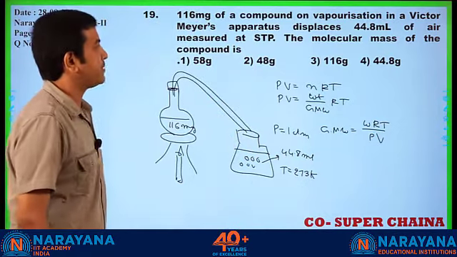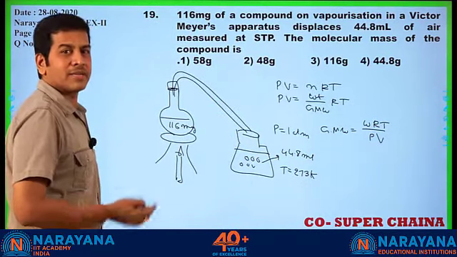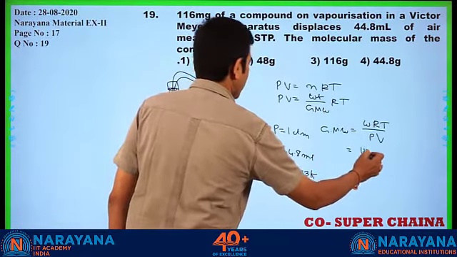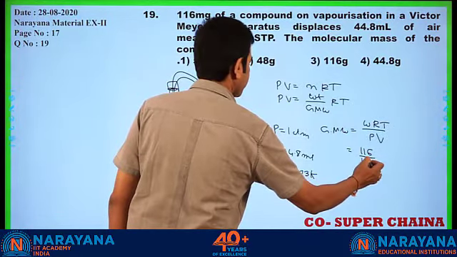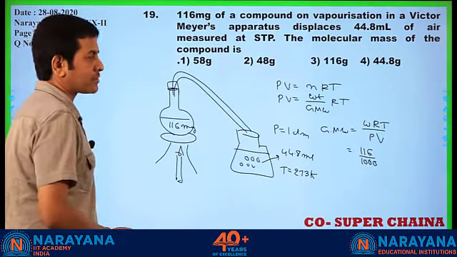Now W is given in milligrams, change into grams: 116 by 1000 grams.